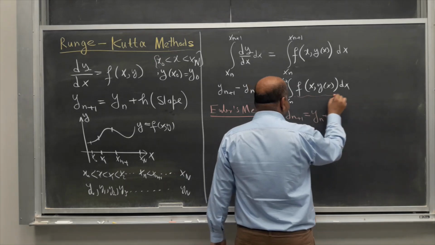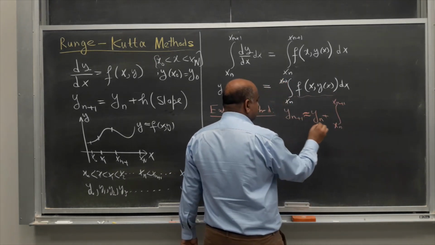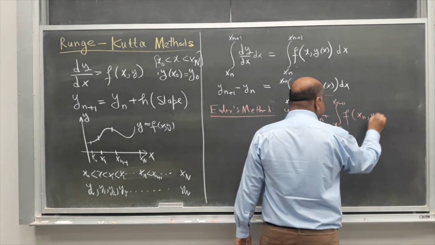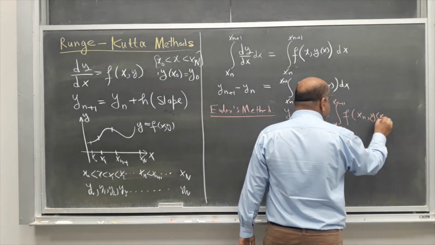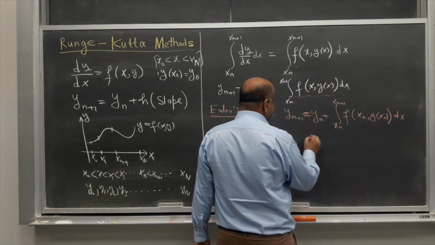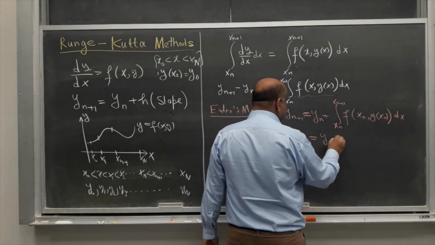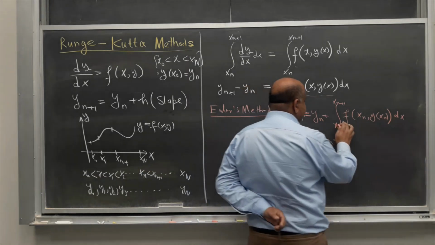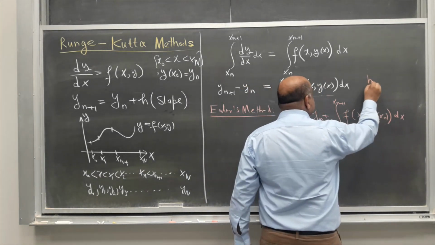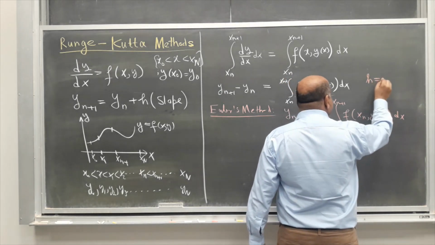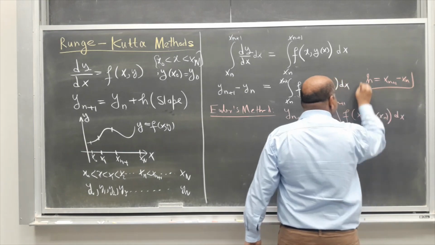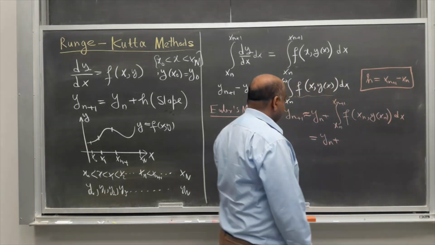If I approximate this using f of xn, y of xn dx, because in this case this is yn and this is just a constant number, and let us define this h as xn plus 1 minus xn, which is the width of the interval.